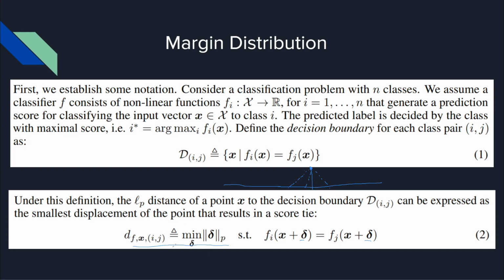I think they wrote it weird. I should probably send them a message about this, but they're trying to get the distance to the decision boundary, and that distance is calculated by finding the minimum of all the possible distances to the decision boundary. It's kind of like finding a stationary point of the distance.